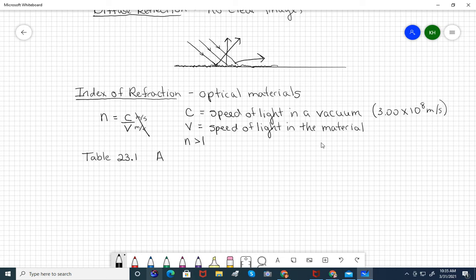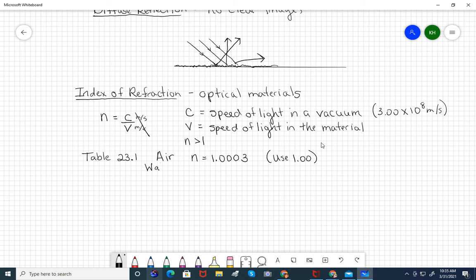Light travels through air at almost the same speed it travels through a vacuum. For air, N would be 1.00. If we want it to actually be a little different, we have to go farther out. We are going to use 1.00 because we are not going to have that many significant digits. Even if we wanted 4 significant digits, it would still be 1.000.